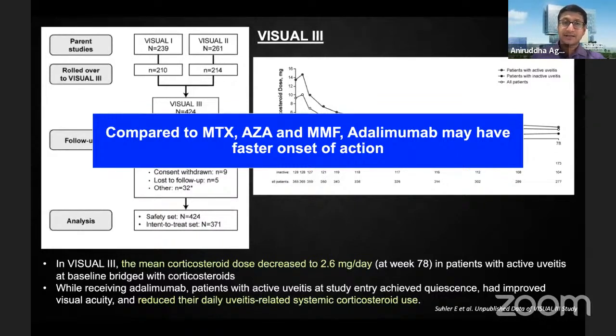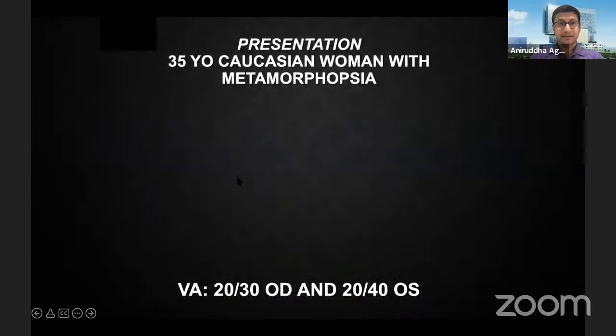Some studies have shown that adalimumab and infliximab may have onset of action within 2 weeks or as early as 72 hours to 7 days of initiation of treatment. So if you are really pushed to treat with biological agents, then these drugs can be very fast acting compared to the traditional immunosuppressive agents.